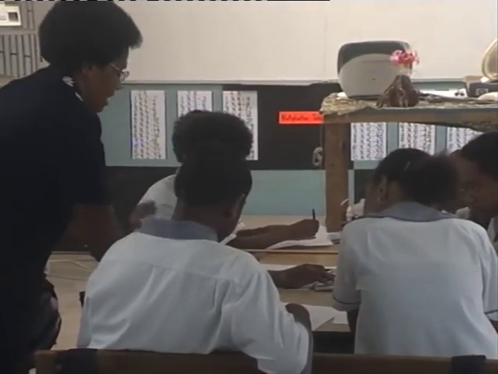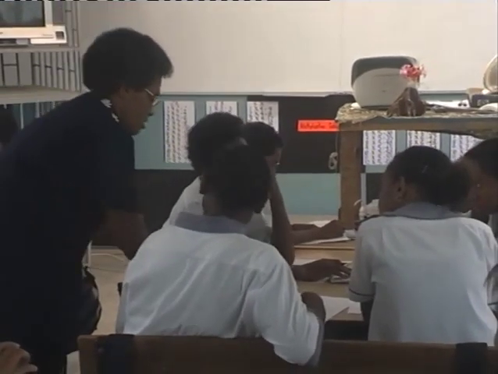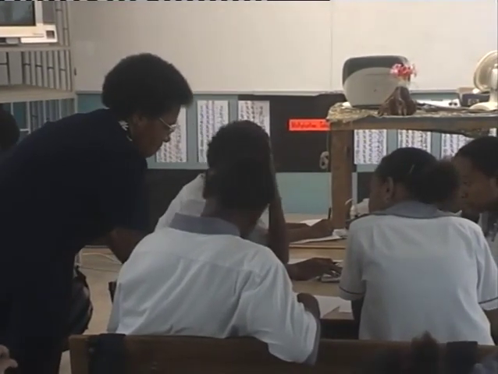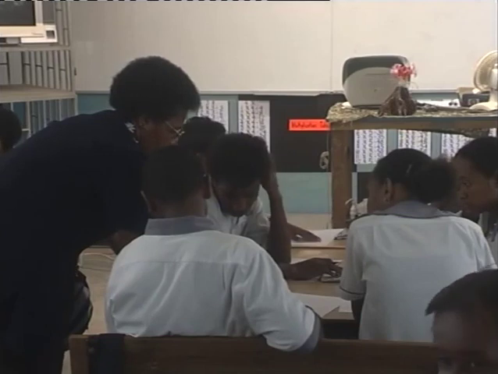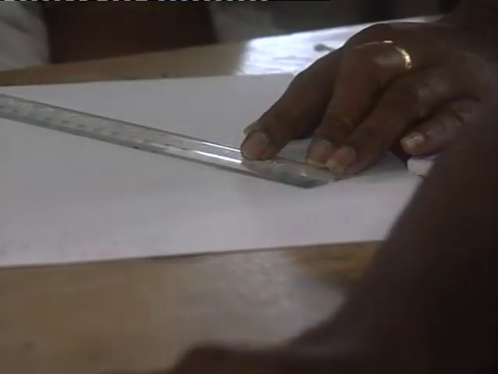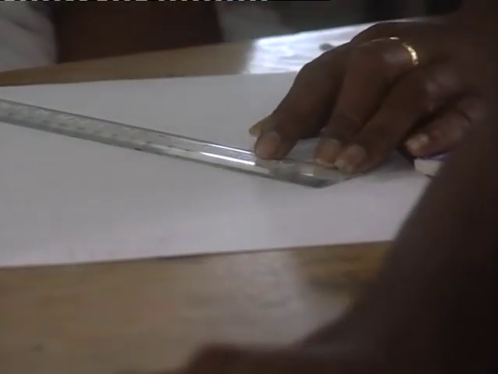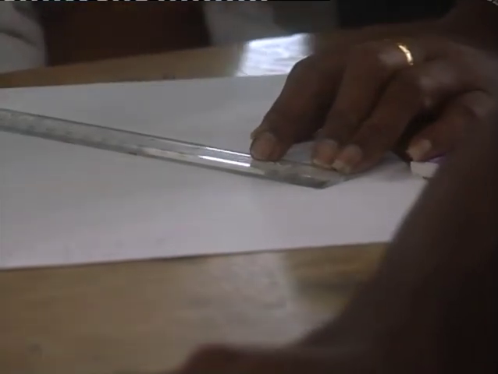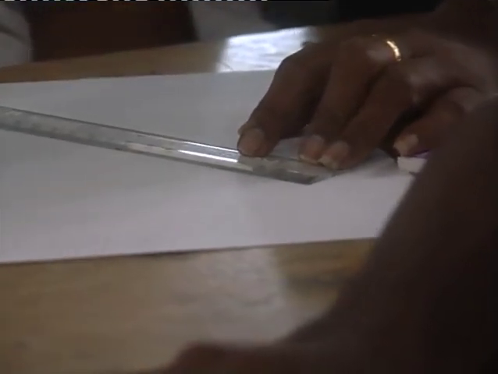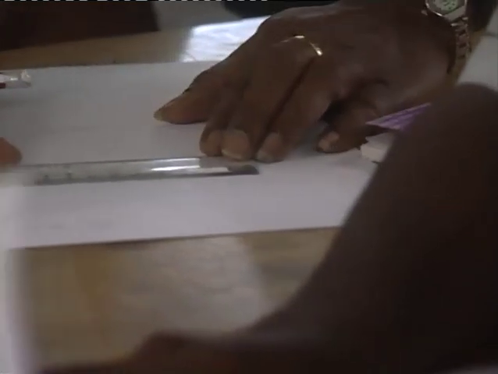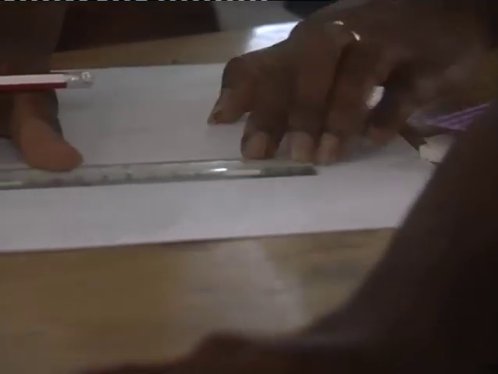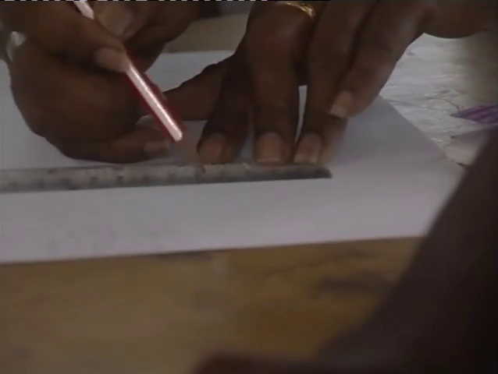Okay, 5 centimeters is equal to 30. That's 1 now. 5 centimeters equals 30. Okay. You have 5 30s. So, okay, that's 1.